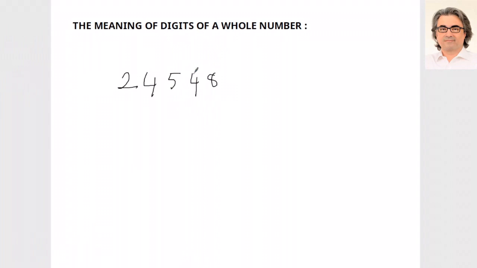For example, 4 represents the number of some power of 10. 5 describes us the number of some power of 10, a special power.